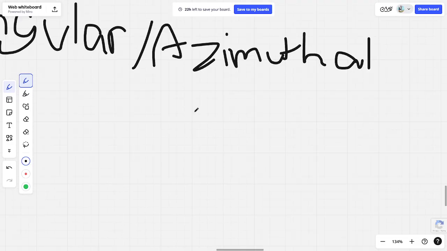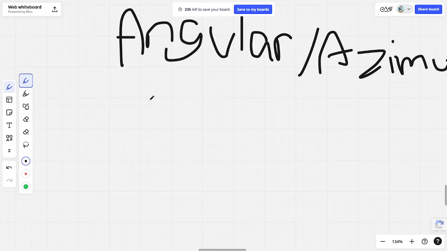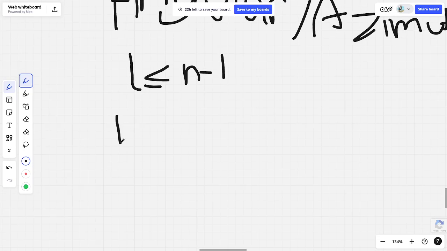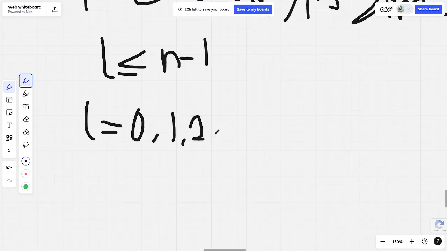So in angular, basically L is less than or equal to n minus 1. So the possible values of L are 0, 1, 2, and 3.